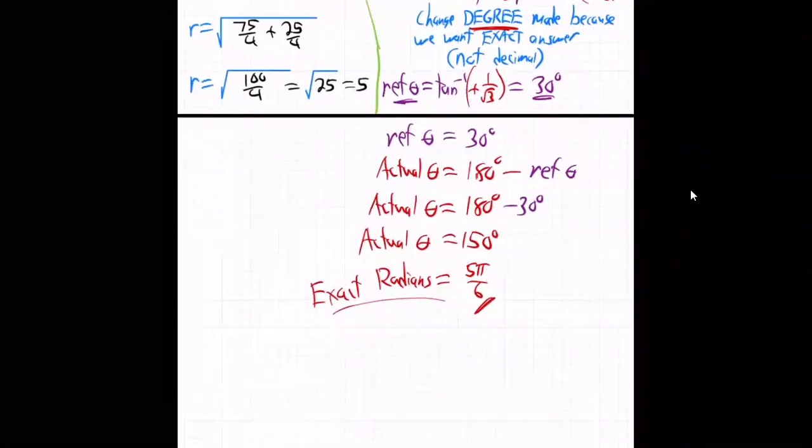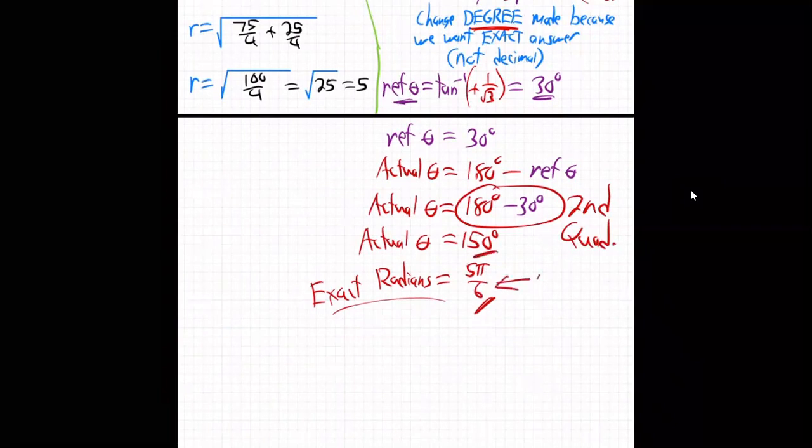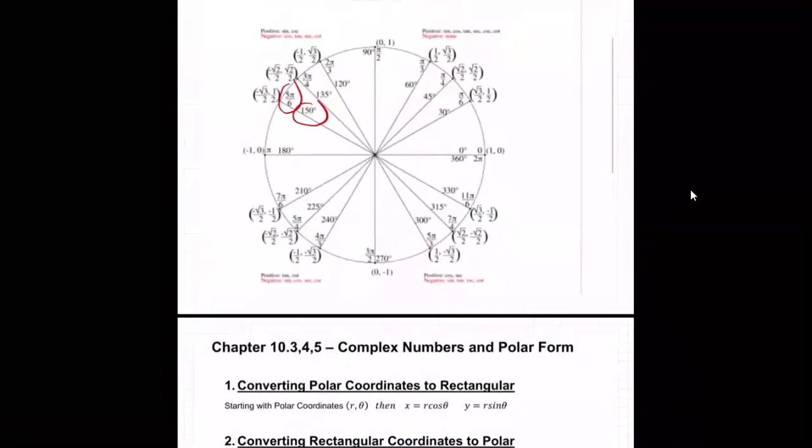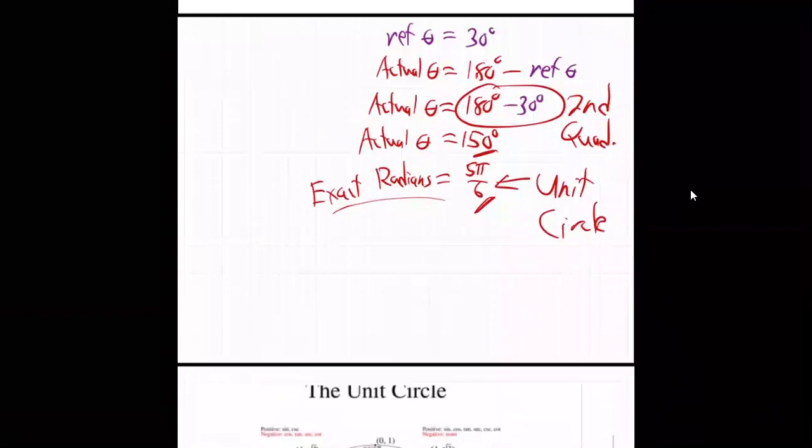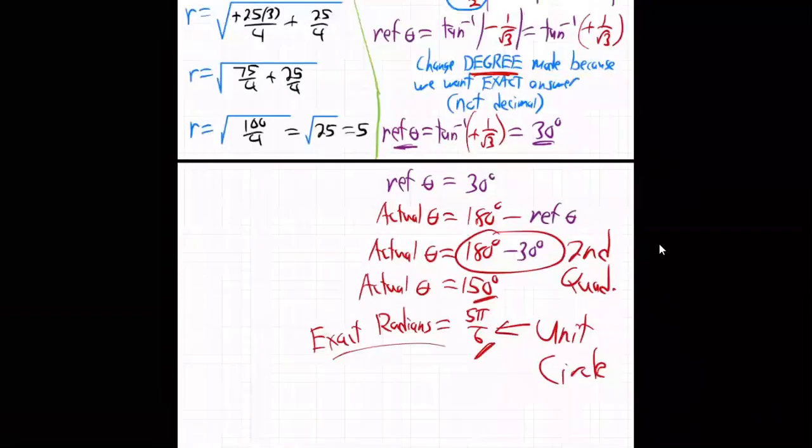So the actual angle is 180 minus 30, 150, and then the exact came from the unit circle. We just went to the unit circle and said, where's 150? Right there. What's the radian? 5 pi over 6. And we got the exact radians. So there we go.